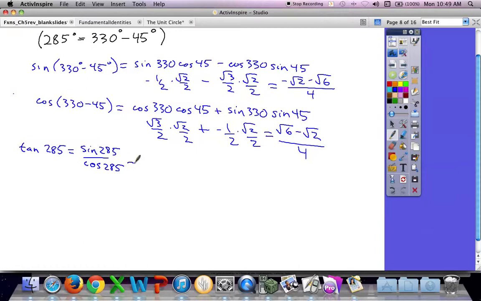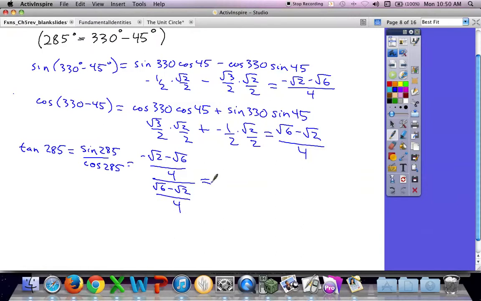Well, we just did that, right? The sine is negative root 2 minus root 6 over 4, divided by the cosine, which is root 6 minus root 2 over 4.